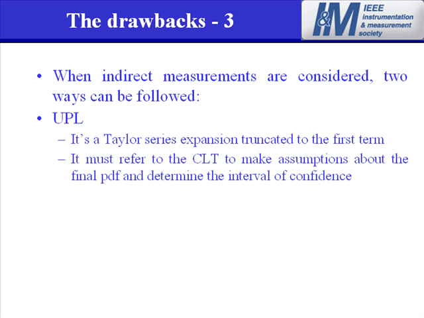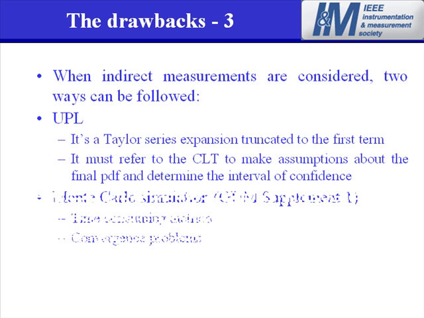The uncertainty propagation law comes from a Taylor series expansion truncated to its first term, and the central limit theorem is applied to assume that the final distribution is a normal one. And we have seen that these assumptions are not always satisfied.